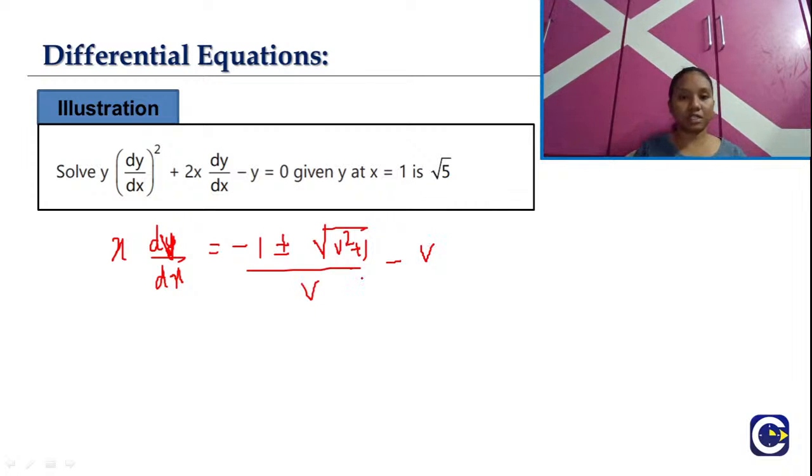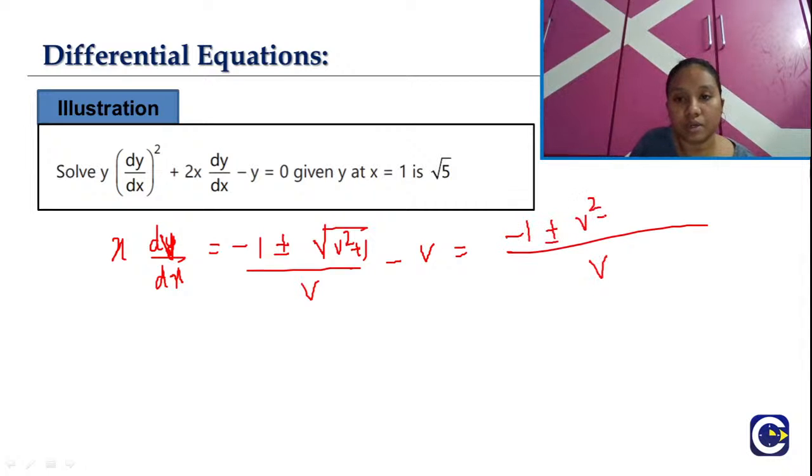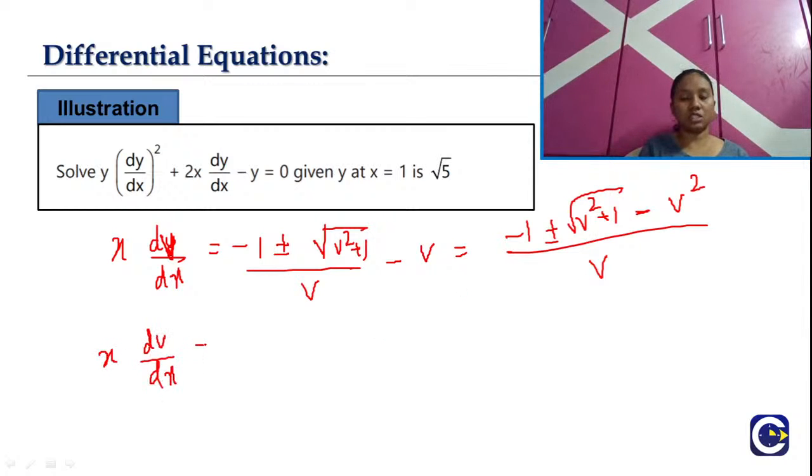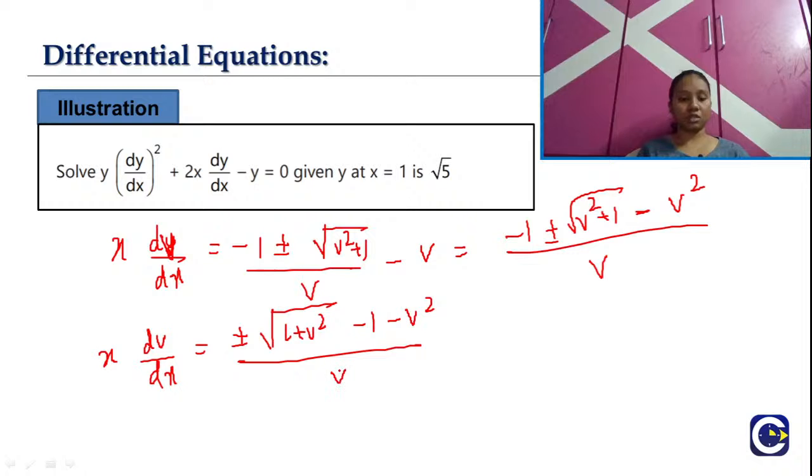We can simplify this by taking LCM: minus 1 plus or minus root over 1 plus v square minus v square, all by v. So now x into dv by dx is equal to plus or minus root over 1 plus v square minus 1 minus v square, by v. Now we have converted it.